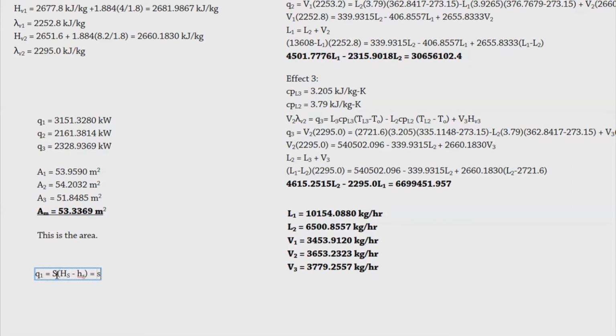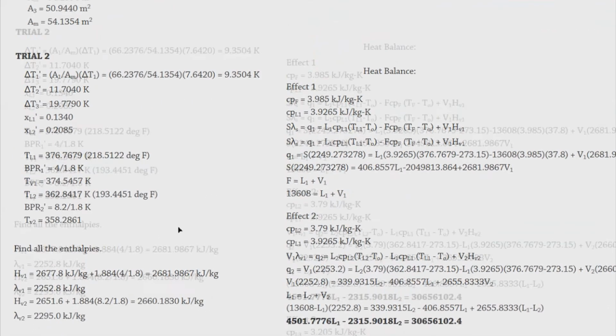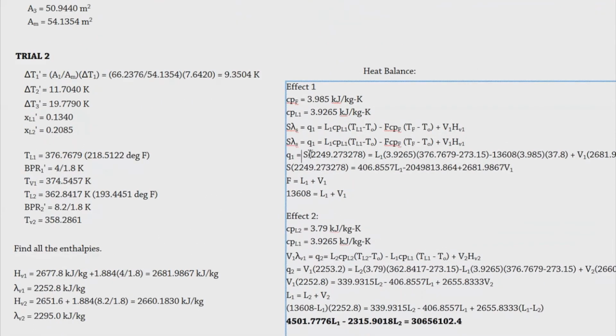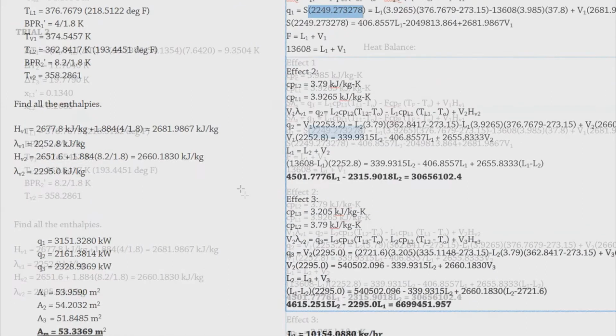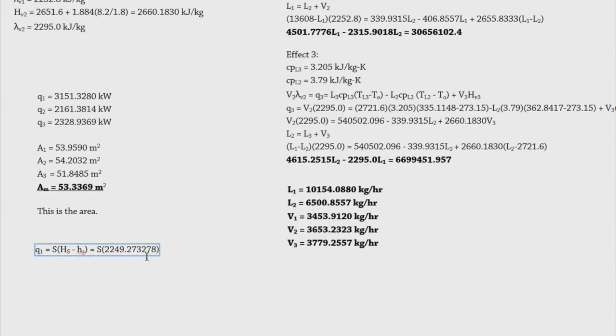So this is equal to S times 2249.7. We multiply with this, and we're left with our value of S, which is equal to 5043.7540 kilograms per hour. And don't forget to convert your kilowatts to kilojoules per hour first, because you won't be able to get this unit otherwise.